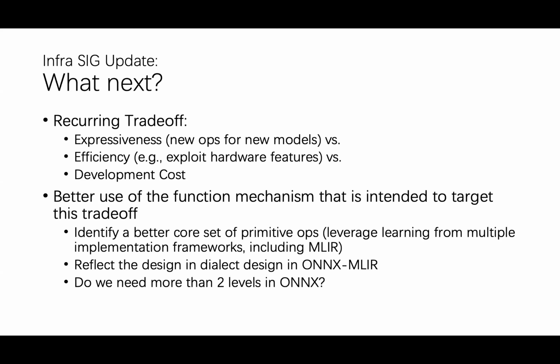So the goal of ONNX MLIR, as I said earlier, is to define an ONNX dialect in MLIR and identify ways to lower the ONNX dialect into standard MLIR dialects. And so as I said, there is ongoing work. Next slide, please.